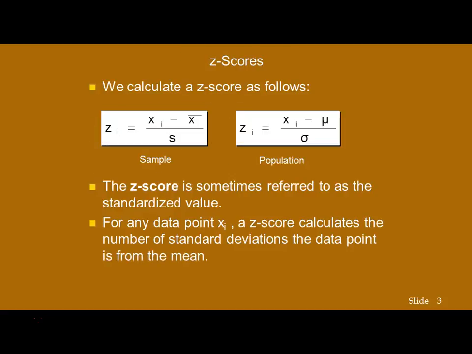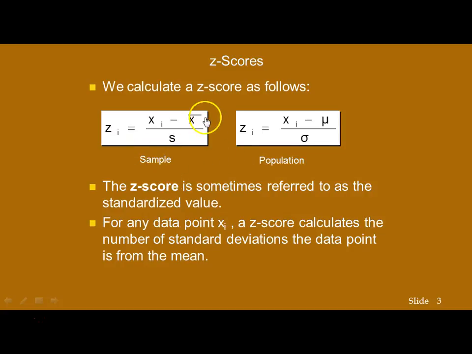Let's start with z-scores. A z-score simply takes any value in your data set, subtracts the mean from it, and divides by the standard deviation. And that's called the z-score for that value. You can do z-scores for either a sample or a population.